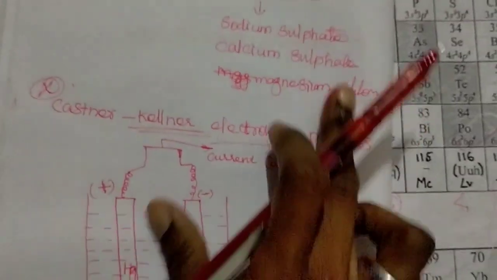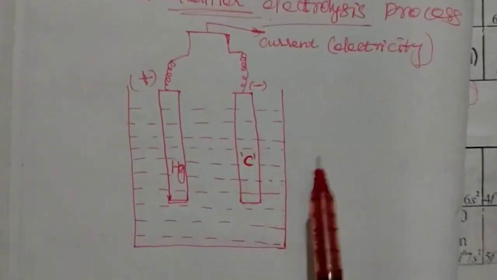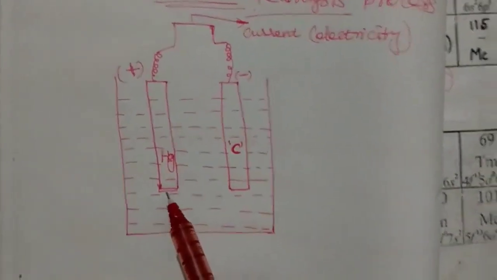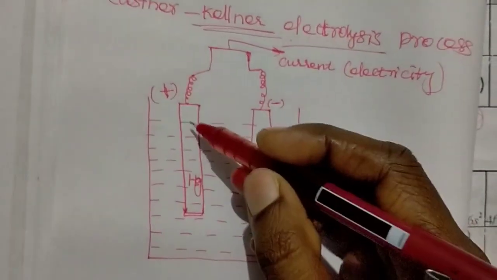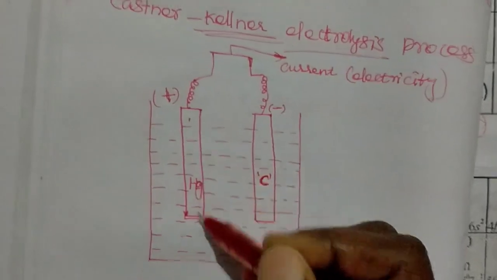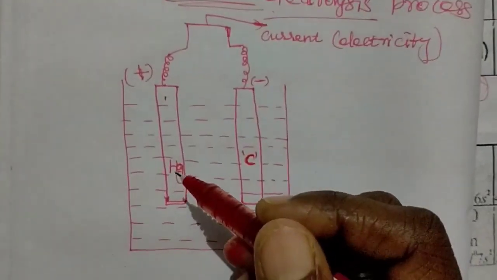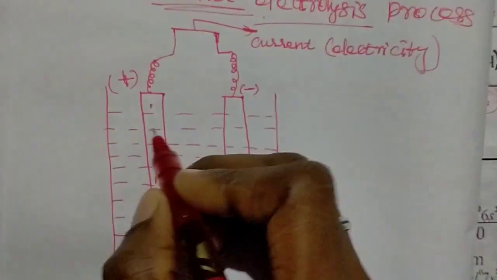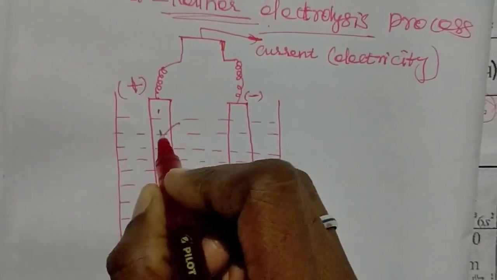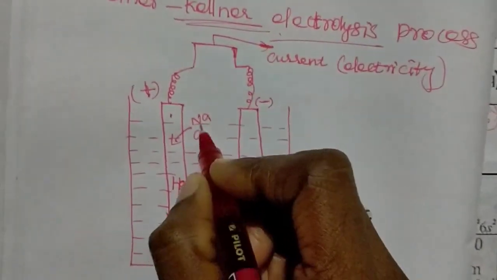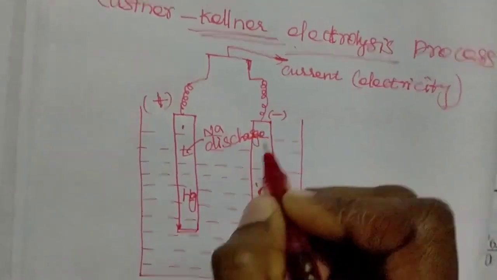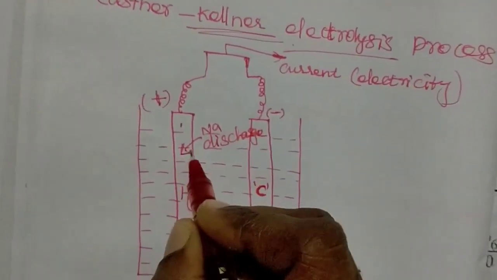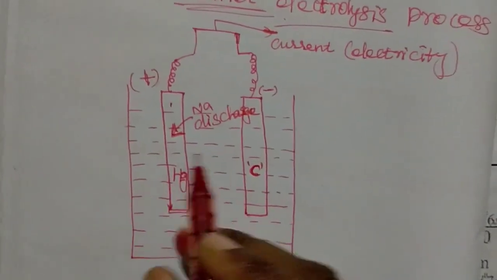So all the ions are splitting. The sodium is discharged into the cathode. What is the cathode? Mercury is the cathode. So sodium is discharging into the cathode rod.